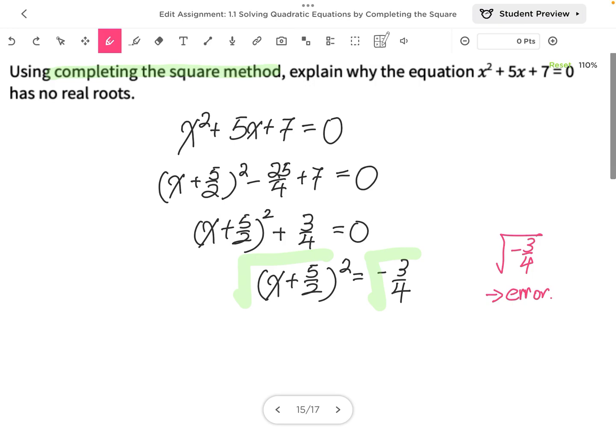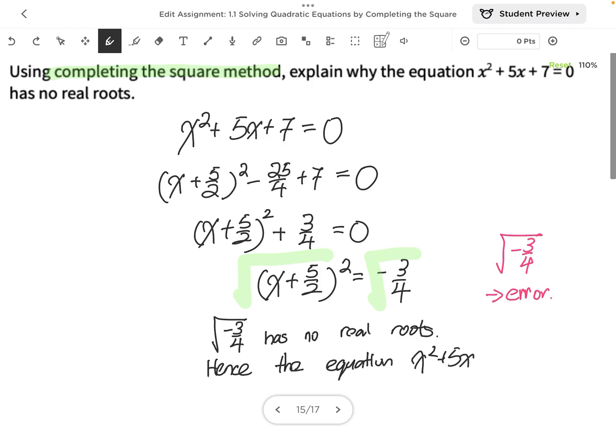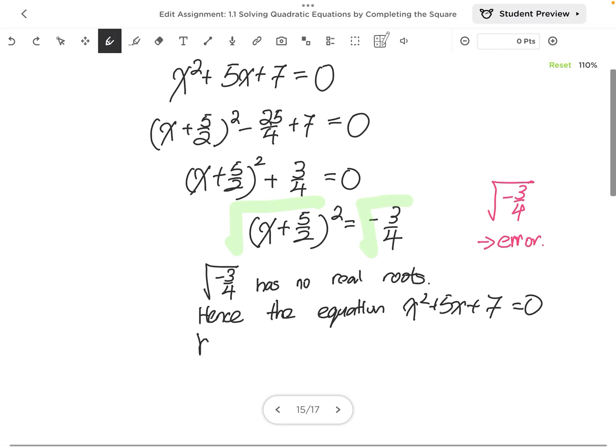So in this case, what I can actually state here is this. The square root of negative 3 over 4 has no real roots. Okay, so you're just not able to do it. It's an error. Hence, the equation x squared plus 5x plus 7 is equal to 0 has no real roots.